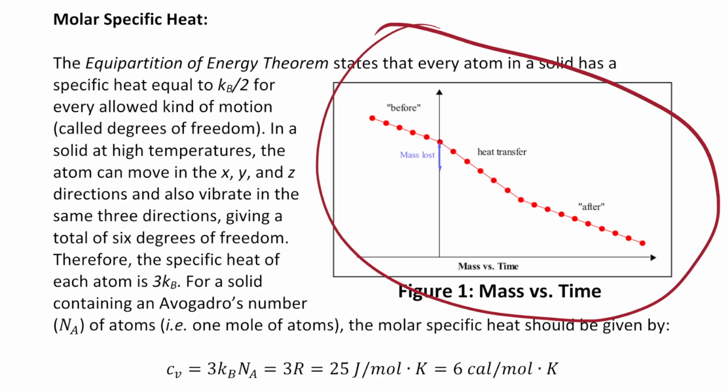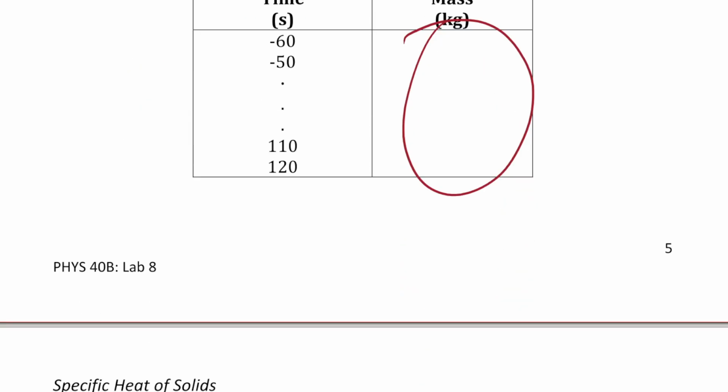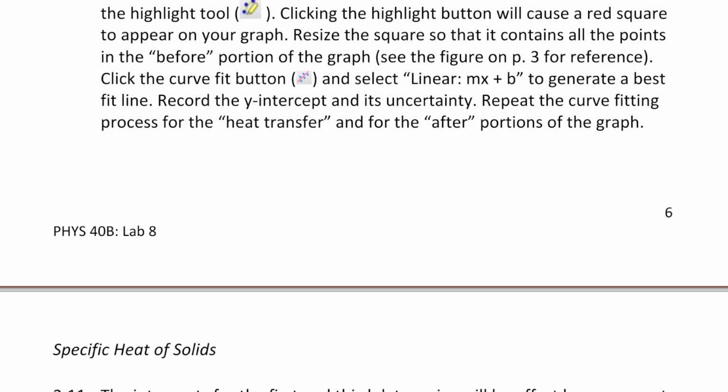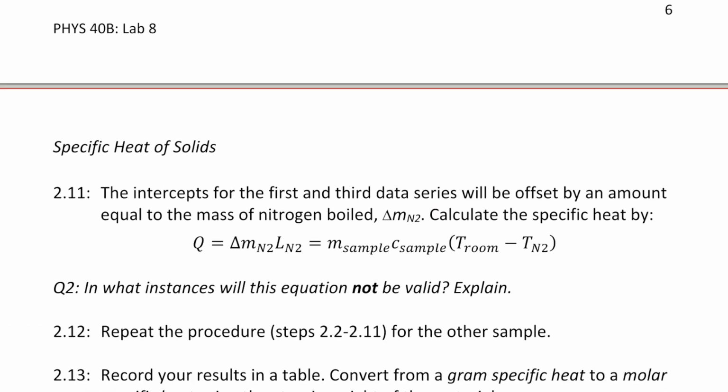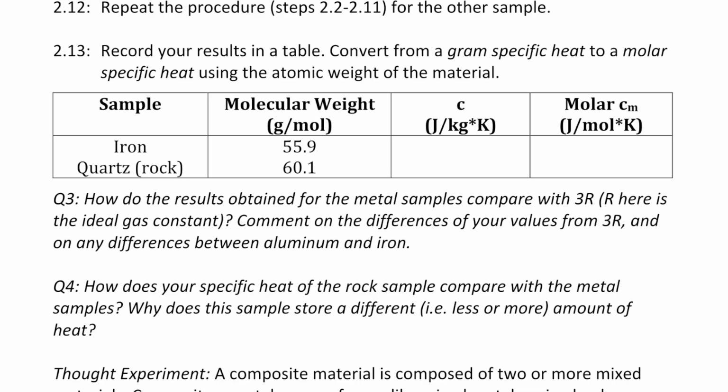Then you're going to be calculating the latent heat from the graph that you create. They give you the equation to calculate it. You can do it for the iron first, let's say, and then repeat it for the rock, which I guess they tell you is quartz.